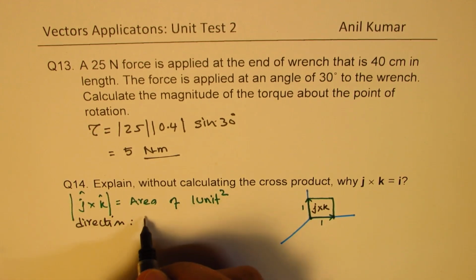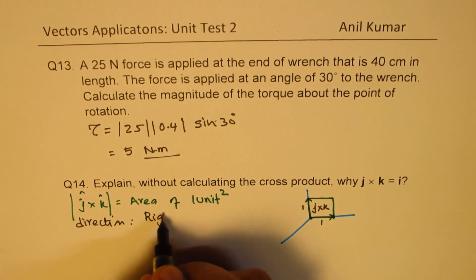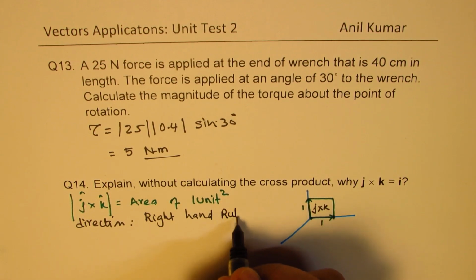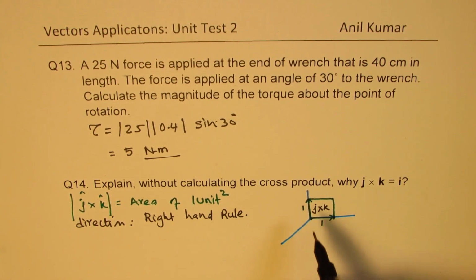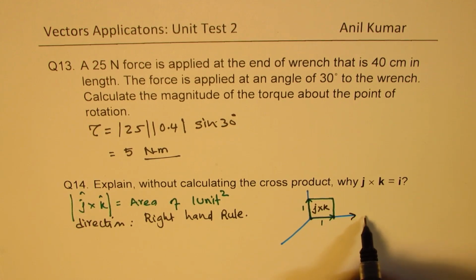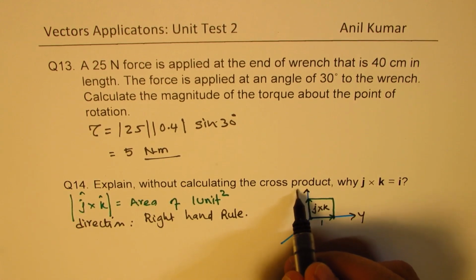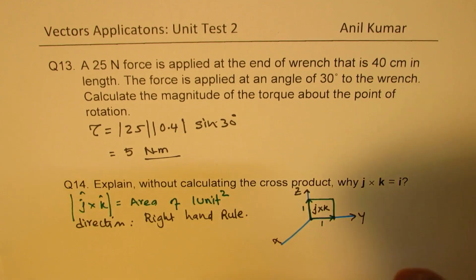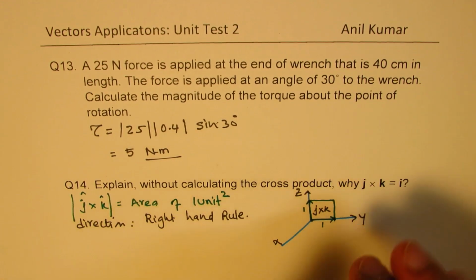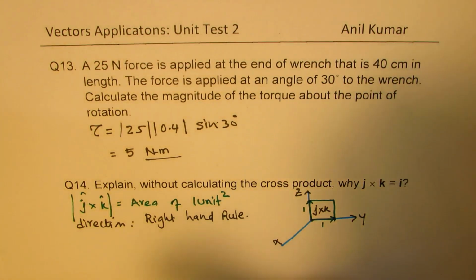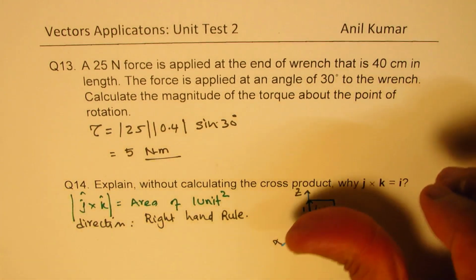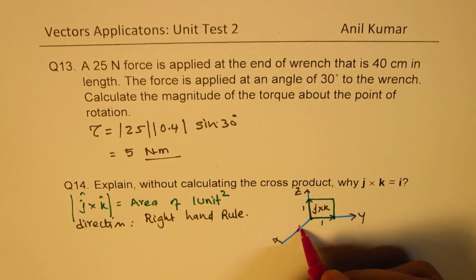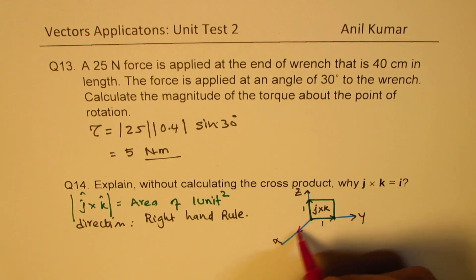So direction is given by the right hand rule. Correct? So when I say j cross k, we are talking about the y and z axes, that is x. So if I do like this, from j I'm going to k, right? So when I'm going like this, the thumb is pointing in this direction, right? So it is going outwards.